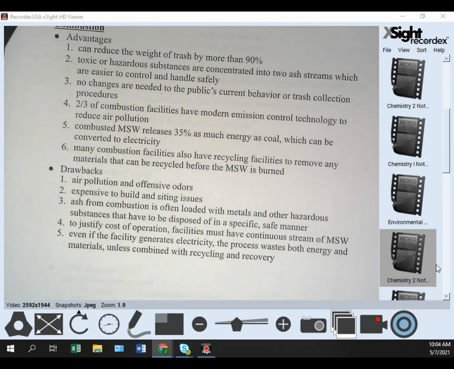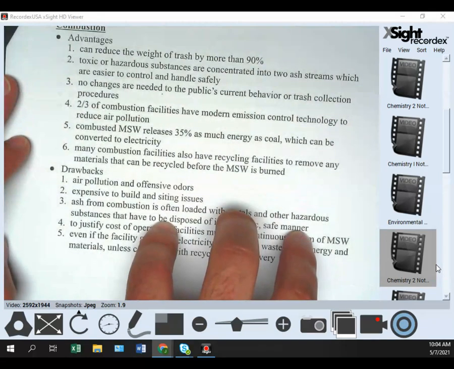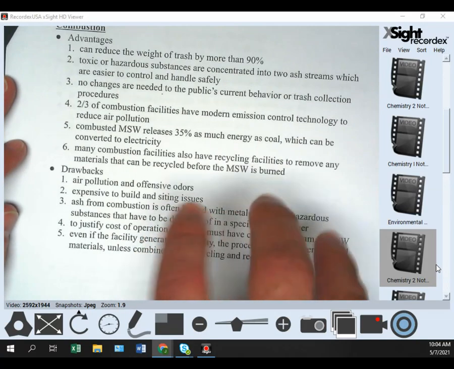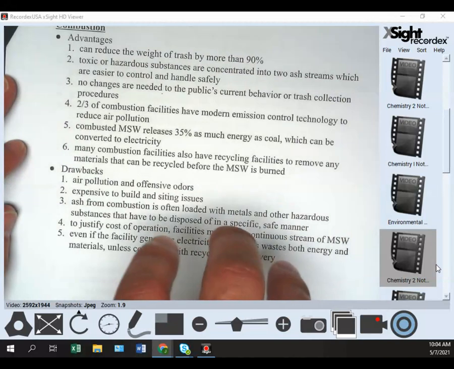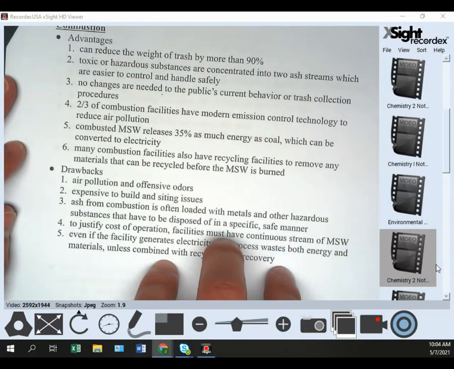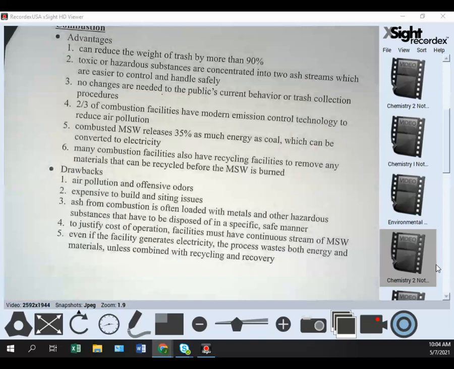Yeah. So the one thing that they didn't mention in here, that to me would be one of the drawbacks to using combustion facilities more, is there's a difference between pulling air pollutants out and what gases are being released as a byproduct of the combustion reaction. For those of you that had chemistry, you probably remember seeing this at some point.